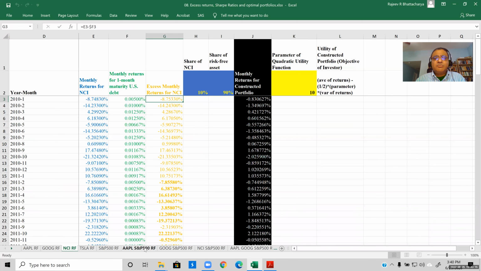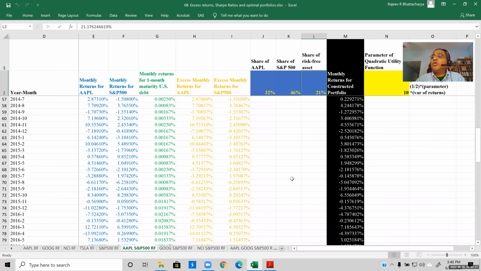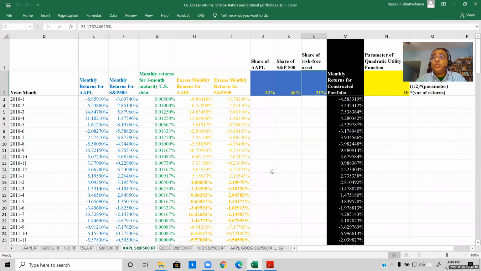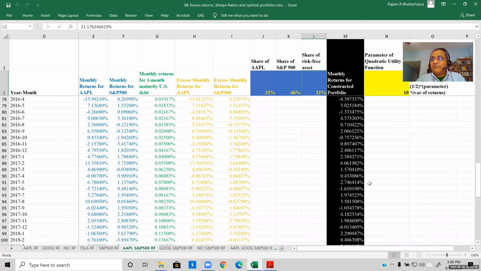Now let's make it a bit more complicated, where you have more than 2 candidate securities. So you have Apple, S&P 500, and the risk-free asset. All right. So these are the only three candidate securities, and you are trying to optimize your investment.